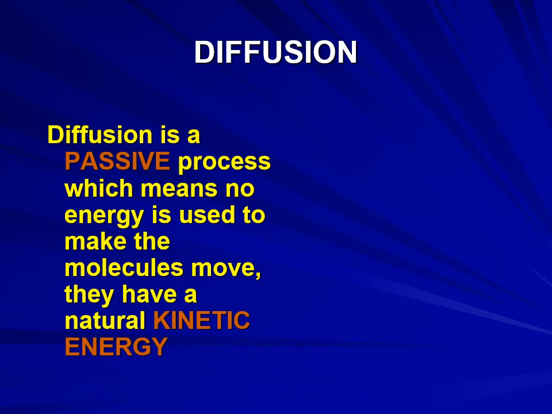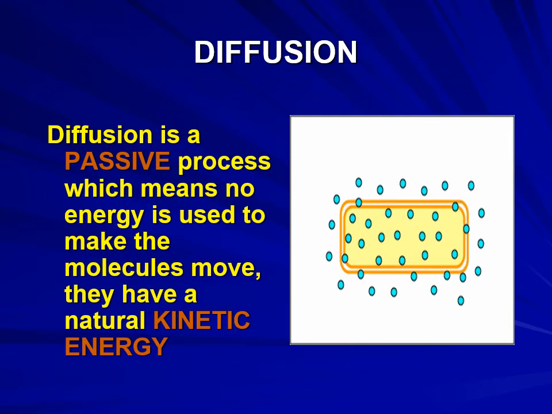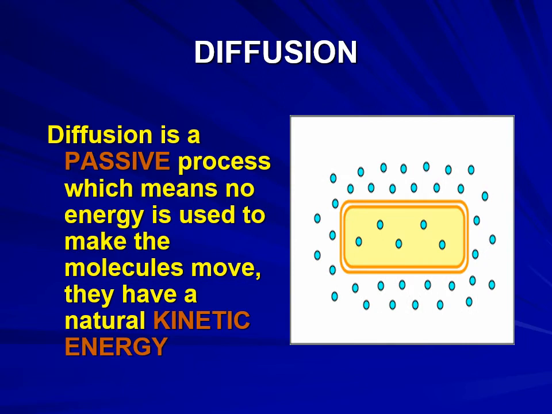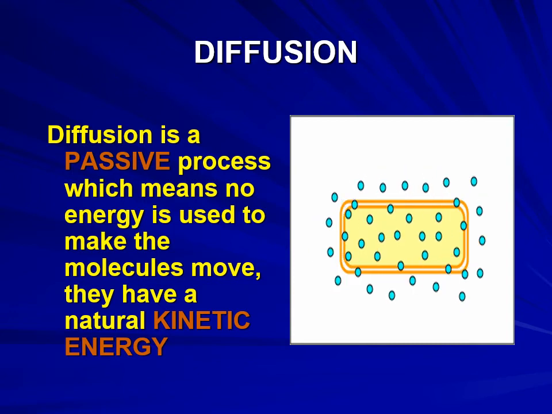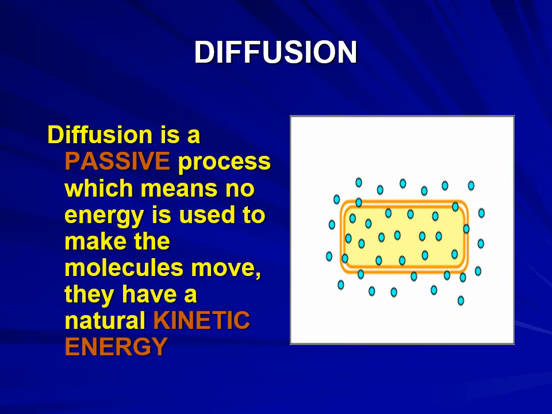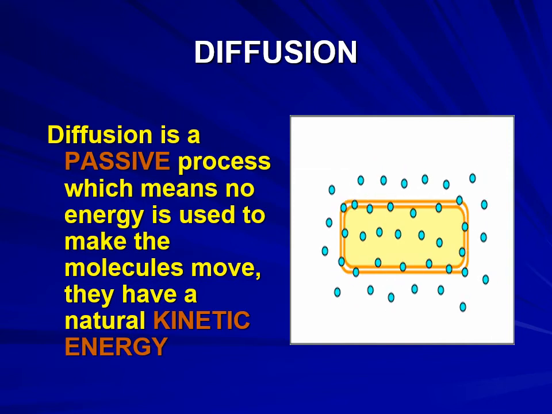So when I talk about the passive movement or concentration gradient, think about it. If you are on a hill, going with the concentration gradient, going down the hill, is significantly easier than trying to go up the hill. Down the hill really doesn't involve a lot of energy, but going up that hill, or against the concentration gradient, does.